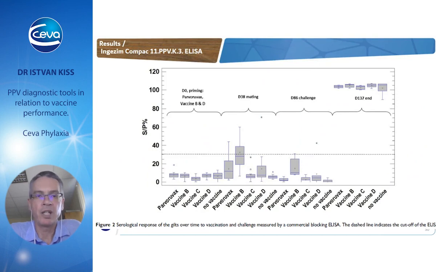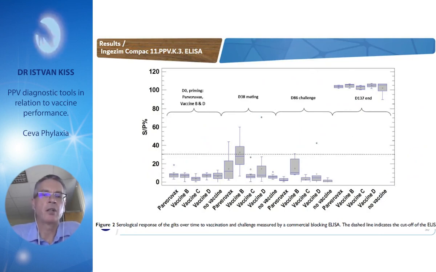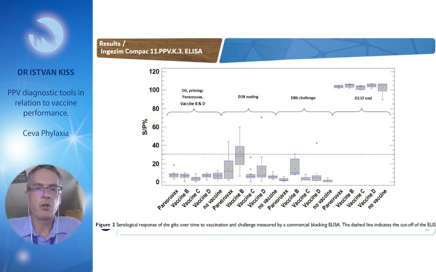And it was quite unanimous, except this group, but this group has the same viral strain in the vaccine as in the ELISA. So it is kind of indicative of a stronger response to a homologous strain. But after the challenge, the titers reached a relatively high value for all of the groups, regardless of their vaccination status.